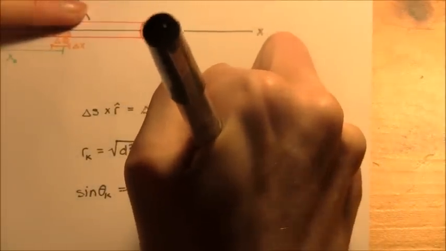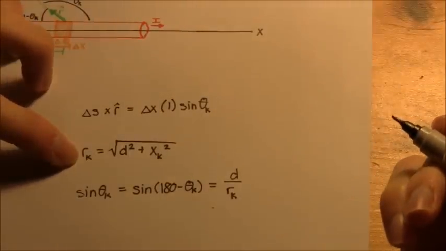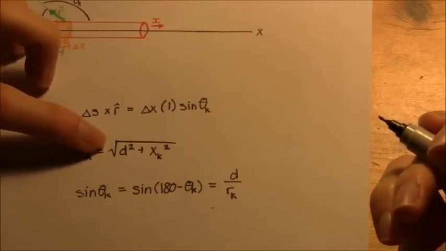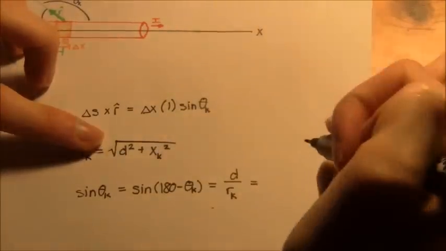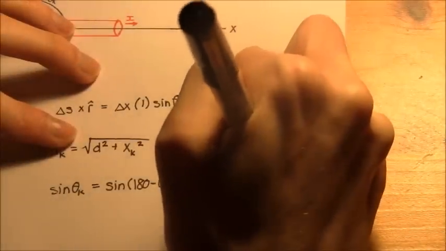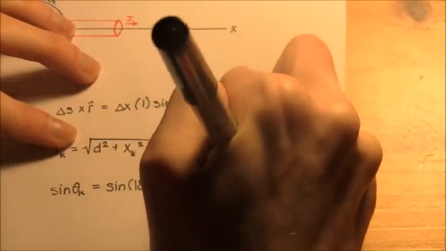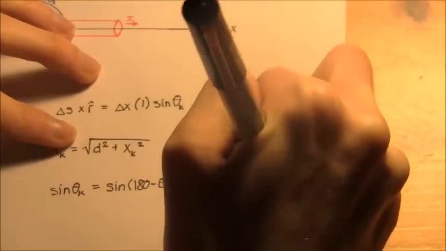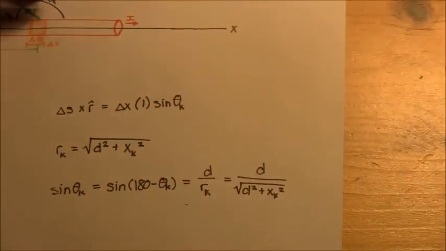And in the previous step, we found that rk is equal to the square root of d squared plus xk squared. So we can plug that in for rk. So that is our quantity for sine theta k.